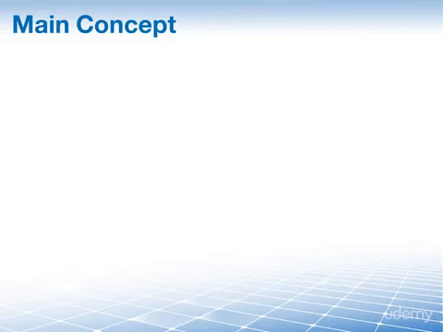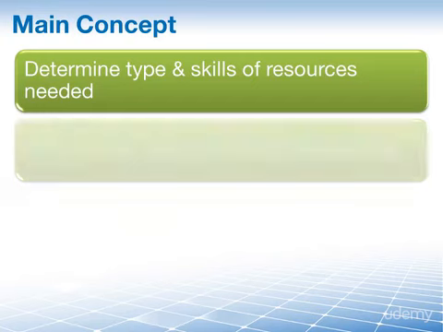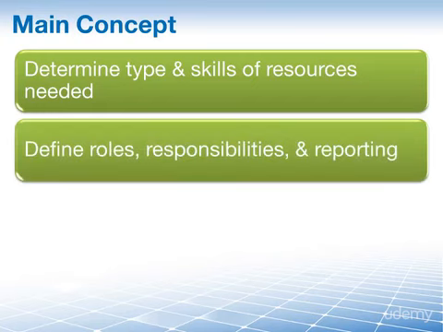The main concept that you have to understand is that in this process you plan for what type of resources you need and what qualifications they should have. And then you will move on to define the roles and responsibilities as well as the organization and the reporting relationships for your human resources on your project, which avoids misunderstandings from the start.